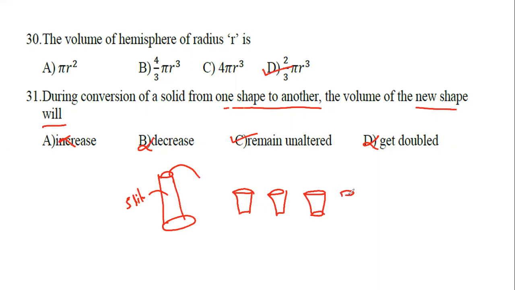So you are transferring all the water to 5 glasses. Is your volume changed? No, volume does not change. 5 liters of water, when you count this one again, it will become 5 liters. 1, 1, 1, 1, 1. Is it right? So volume does not decrease or increase, it remains unaltered. So option C is correct. Next sum, 32nd question.